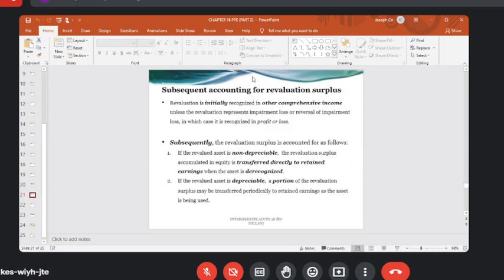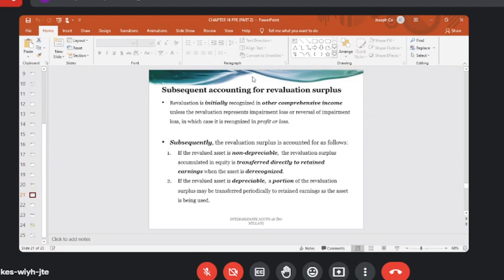And then subsequent accounting for revaluation. Revaluation is initially recognized in OCI unless the revaluation represents an impairment loss or reversal of an impairment loss, in which case it is recognized in profit or loss. Subsequently, the revaluation is accounted for as follows.